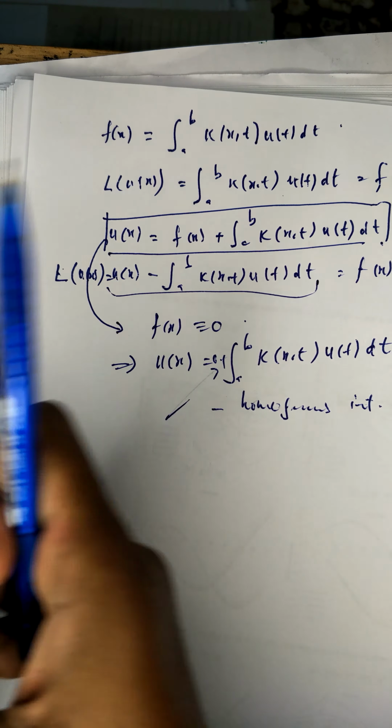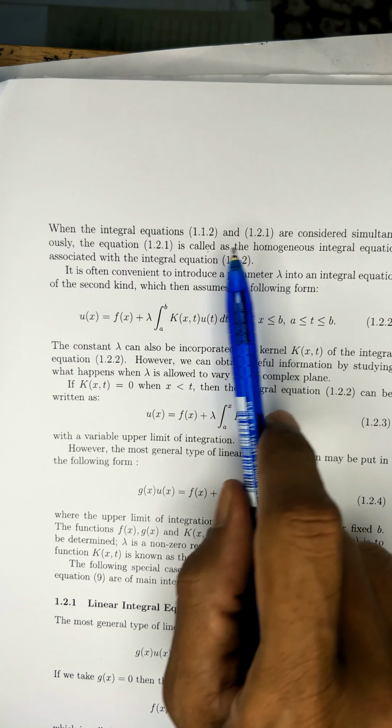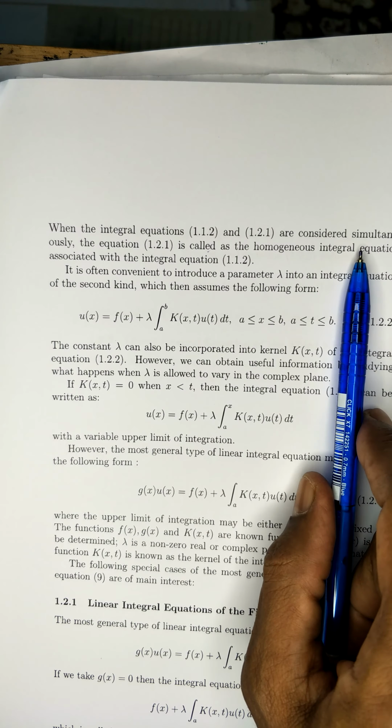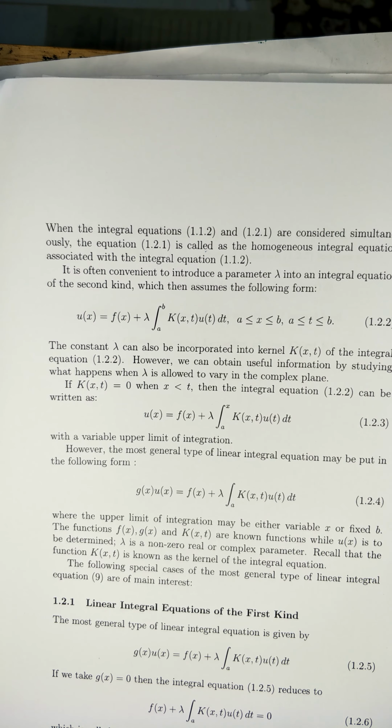Now, when the integral equations 1.11 and 1.12 are considered simultaneously, the equation 1.11 with f(x) equal to 0 is called the homogeneous integral equation associated with the integral equation 1.12.